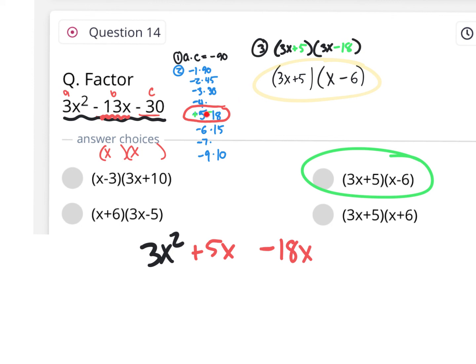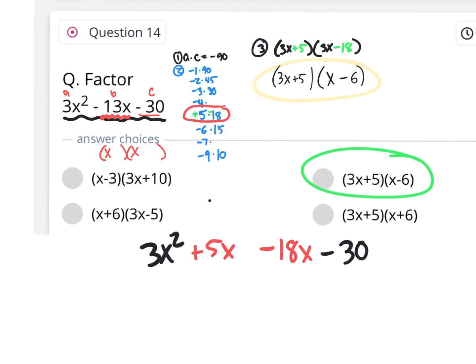I just took those numbers, put x's on them, and rewrote that middle term as these. If I add these together, it'll give me that negative 13x, and I still have the minus 30 at the very end. Now, this might be a waste of time because you don't have to do it this way. You could do it the shorter way that I just showed you. But I do want to at least review how you could actually use factoring by grouping.